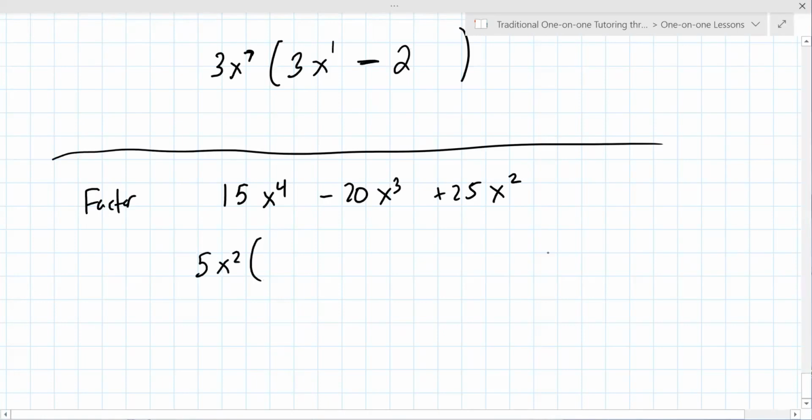Good. Now we need a place for 3 things. It's 3x squared, good. And minus 4x, and plus 5. Just 5.